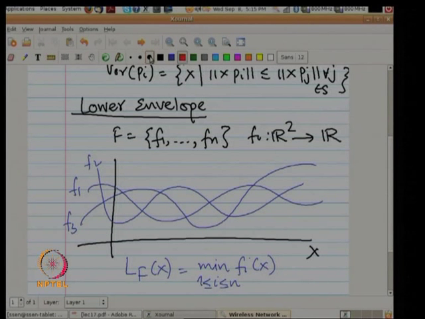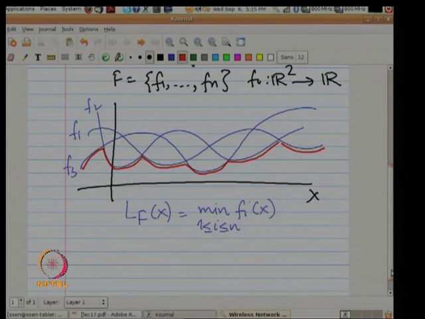So, this red curve that you see, that is the graph of the lower envelope, because I am taking the pointwise minimum. But what you notice is if you trace the lower envelope, then let us see if I can use this technology.